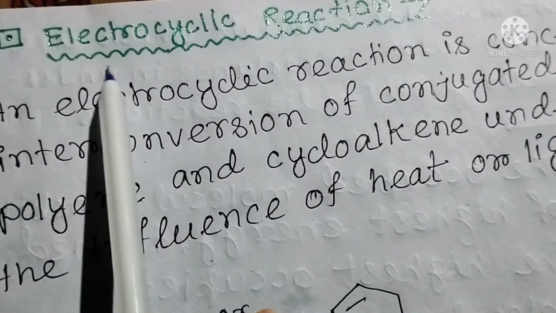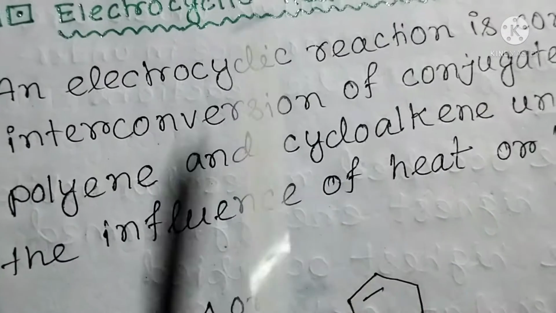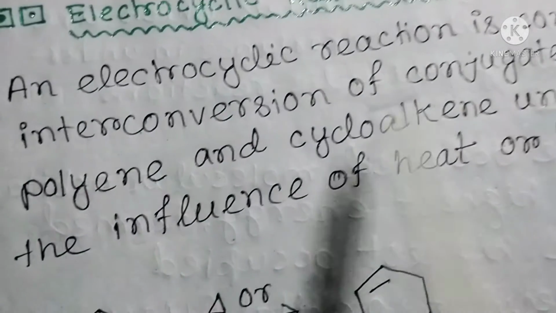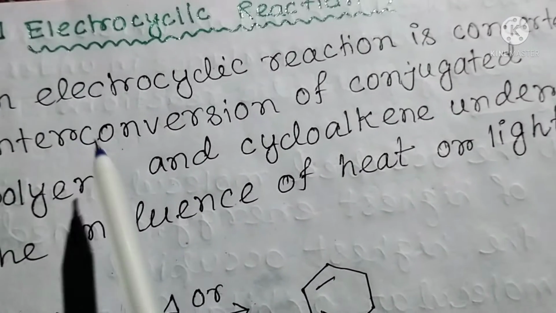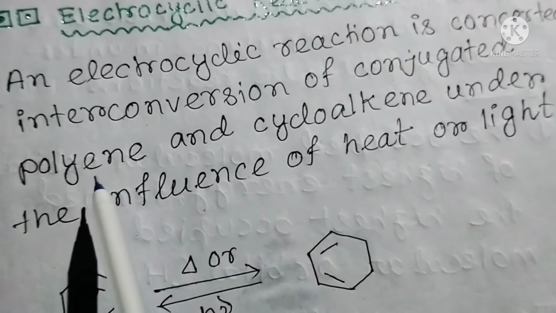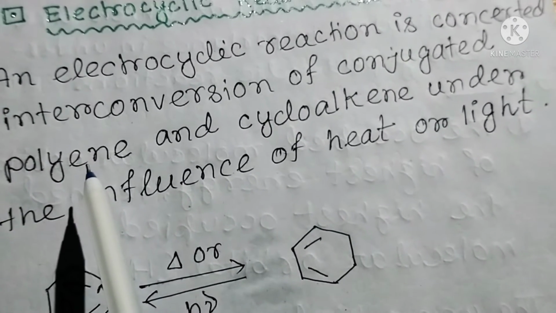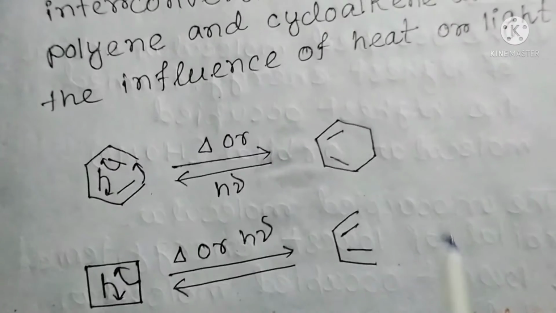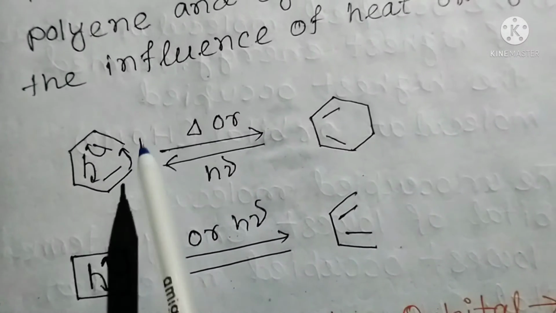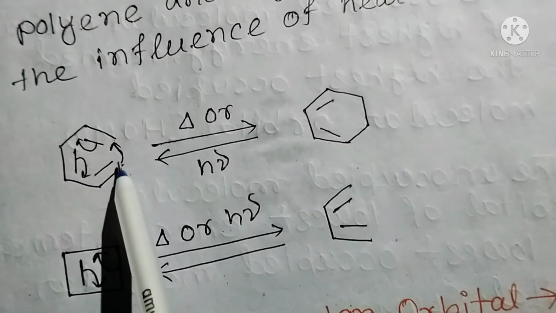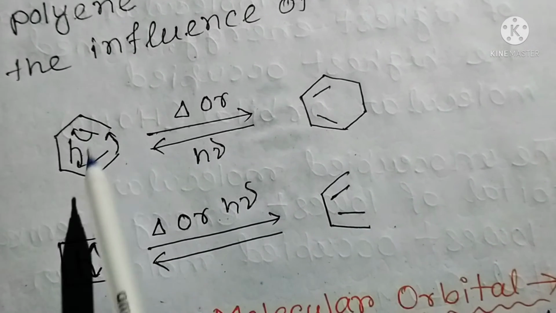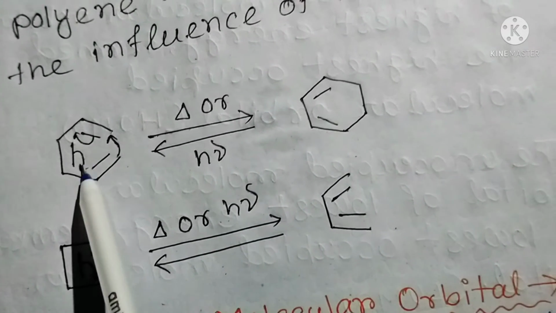Now we study about electrocyclic reaction. What is an electrocyclic reaction? It is the concerted interconversion of conjugated polyene and cycloalkane under the influence of heat or light. Here we take this compound. Now this bond shifts from here to here, and this bond shifts from here to here.